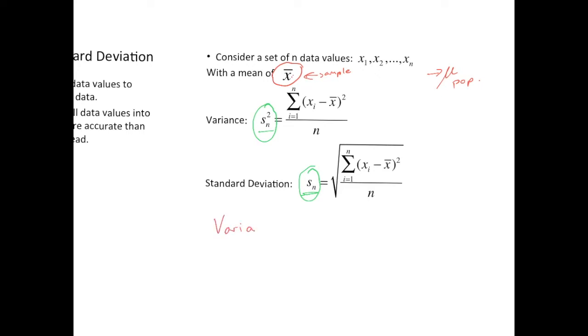Variance equals the standard deviation squared. I might put in brackets, put a squared. So now we know their relationship. If you know one, you can easily find the other. Very easily. Is everything okay?